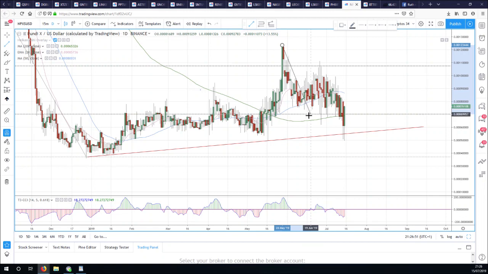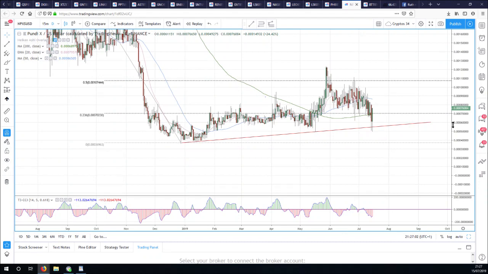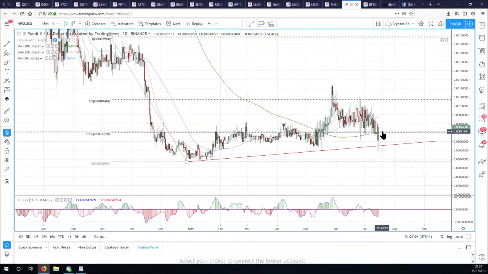And if I measure the swings now like this, it looks to me like we've done an ABC correction. We're bouncing off trend line support and we're back above that 200 moving average and 236 fib level.